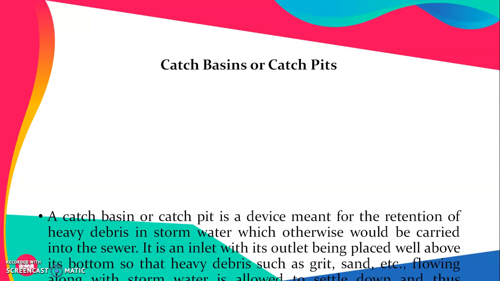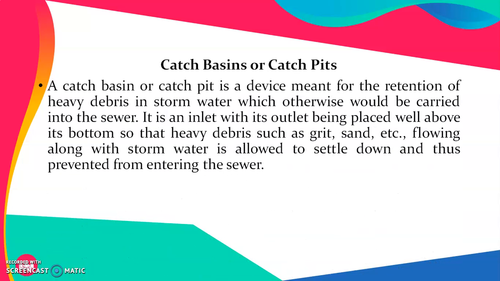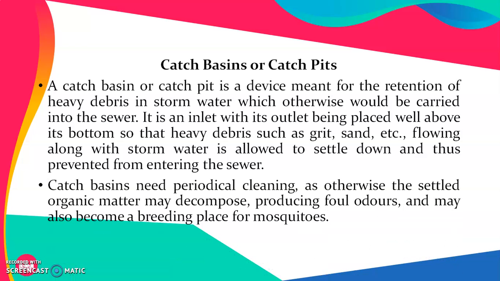Catch basins or catch pits. A catch basin is a device meant for the retention of heavy debris in storm water which otherwise would be carried into the sewer. It is an inlet whose outlet is placed well above its bottom so that heavy debris such as grit, sand, etc. flowing along with the storm water is allowed to settle down, and thus is prevented from entering the sewer.